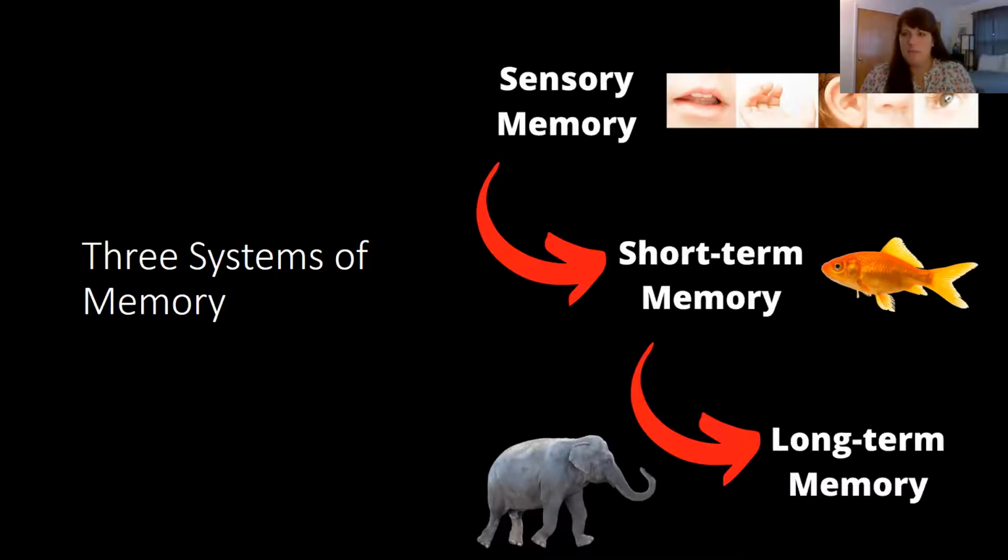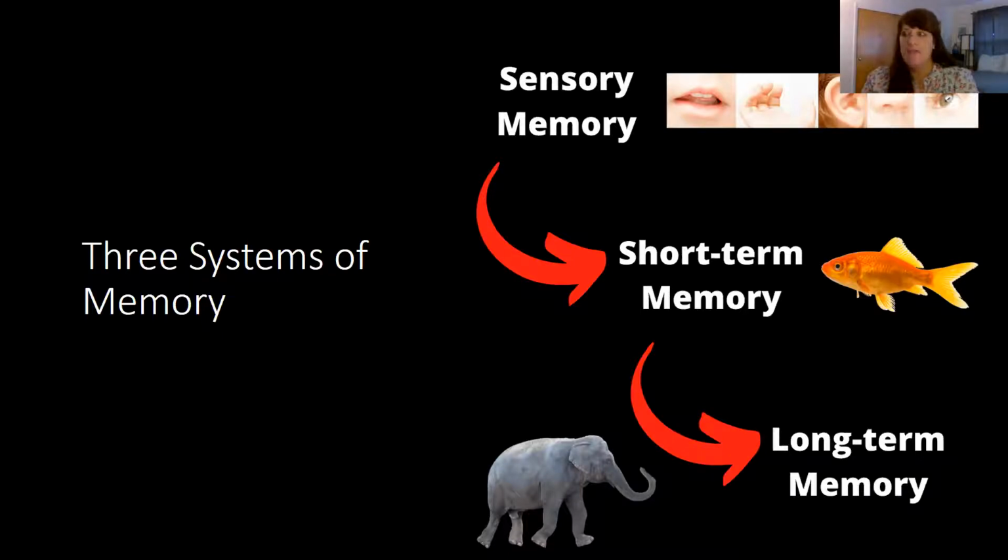Oh, I have a bad short-term memory because I don't remember where I put my keys. Or I have a bad short-term memory because I don't remember what I ate for breakfast 3 days ago. In psychology, short-term memory is much shorter than what we talk about in our everyday language. So it's only about 10 to 30 seconds that information can stay in our short-term memory.